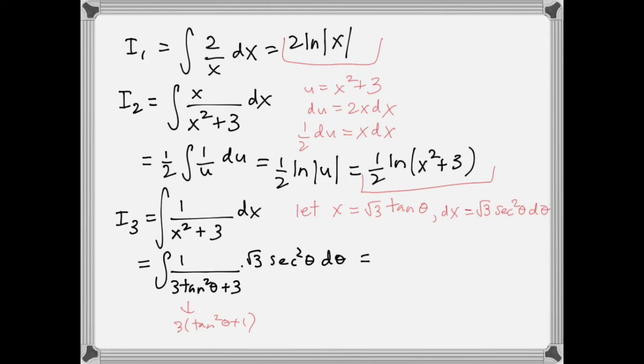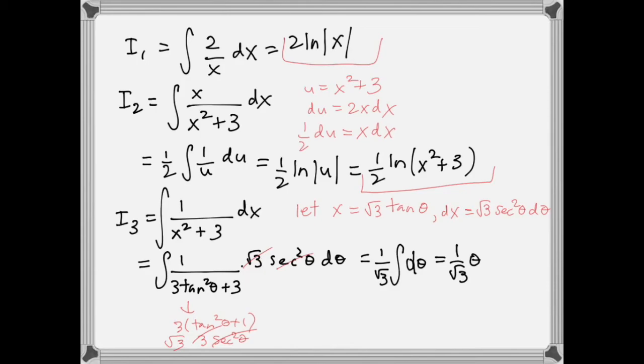So I get 3 secant squared theta on the bottom, and these cancel entirely, and also that square root of 3 cancels with a 3, and that gives me a square root of 3 on the bottom. And so my integral just looks like this. That's easy, right? This just gives me 1 over root 3 times theta.